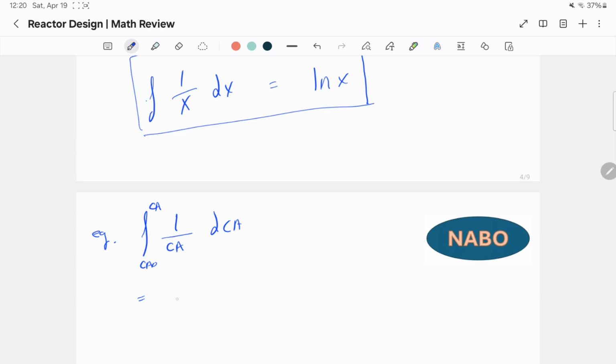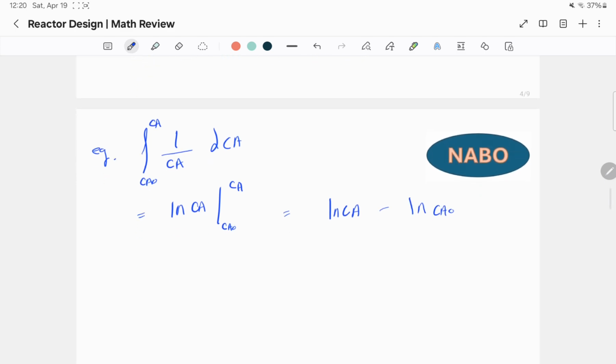That will equal ln Ca with limits from Ca naught to Ca, which will equal ln Ca minus ln Ca naught, which will give you ln of Ca over Ca naught.